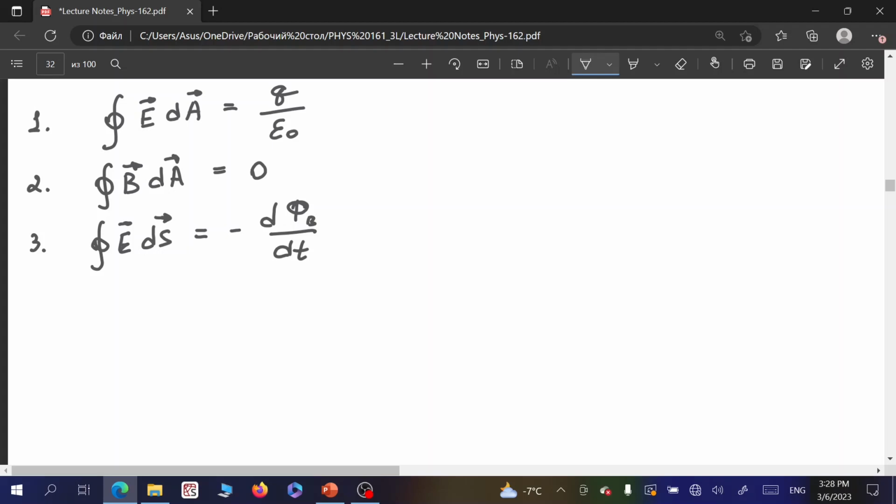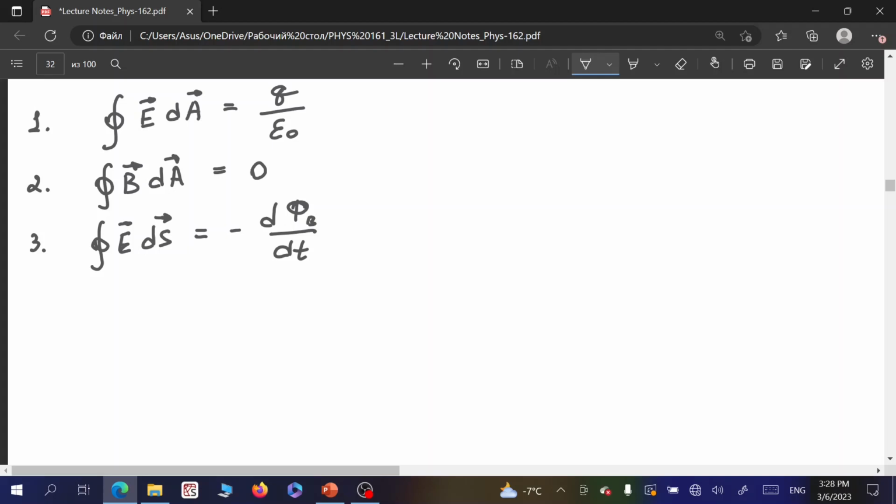On the left side, it's actually the electromotive force for the closed path, and this electromotive force is defined by the rate of change of magnetic field flux over time. So what is the main message here? That a magnetic field varying in time, which defines magnetic field flux, is a source of so-called induced electric field.